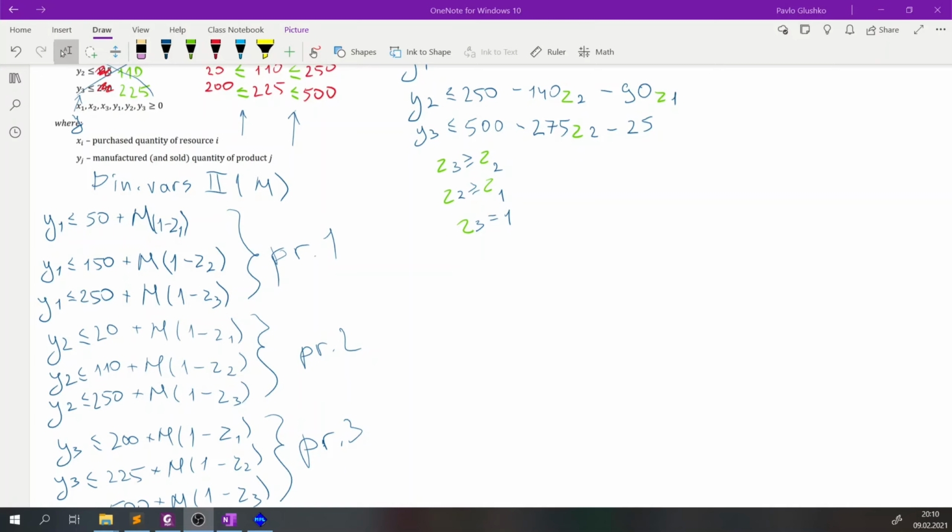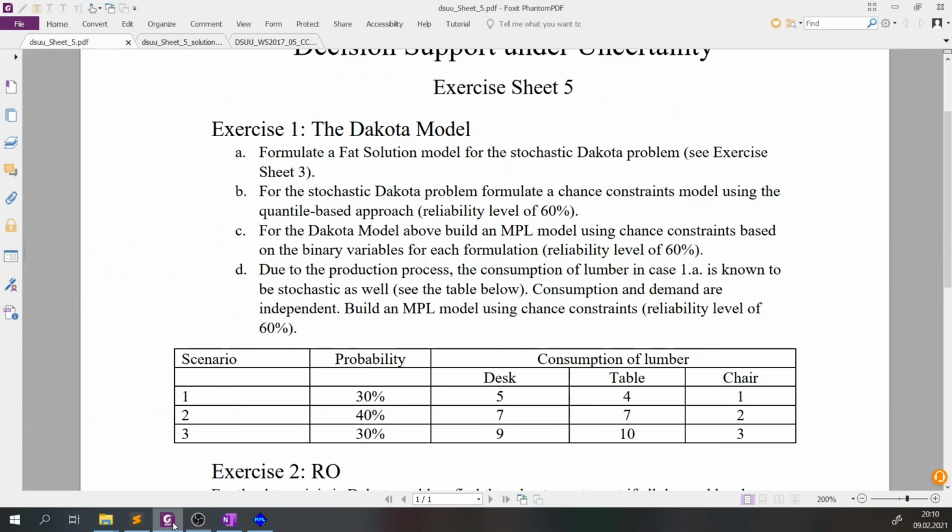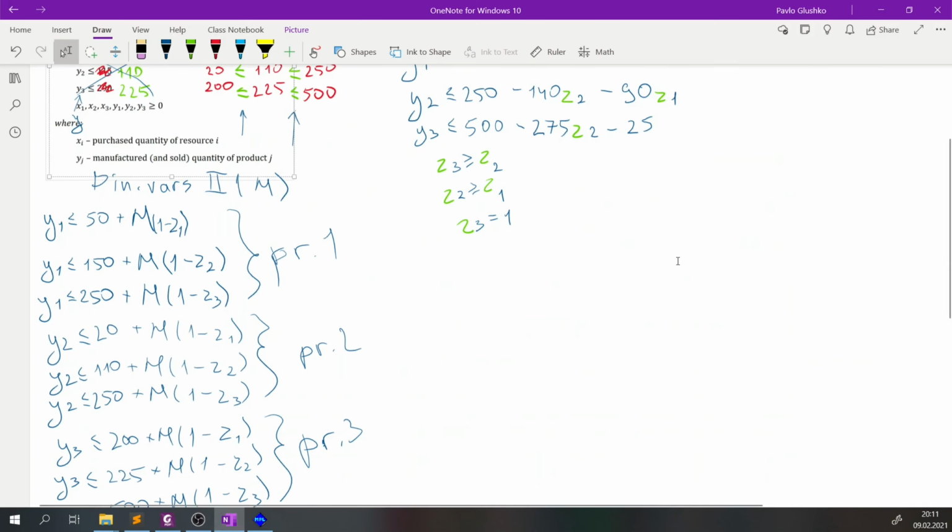Before we dive into the formulation of constraints, let's think about the scenarios. Before we had 3 scenarios, now we have 3 demand scenarios and 3 scenarios for this lumber parameter. They are independent. It means that we have the first scenario, S1.